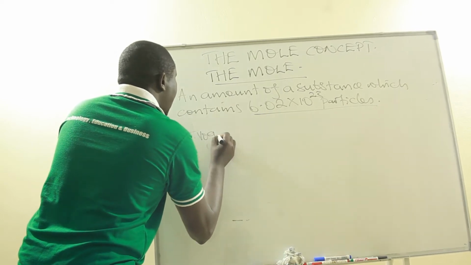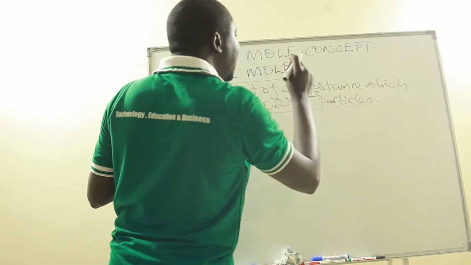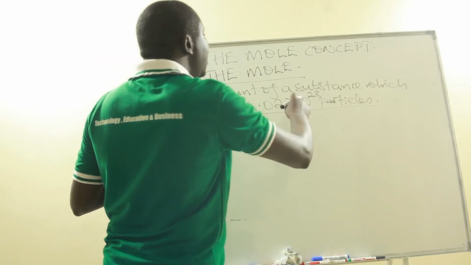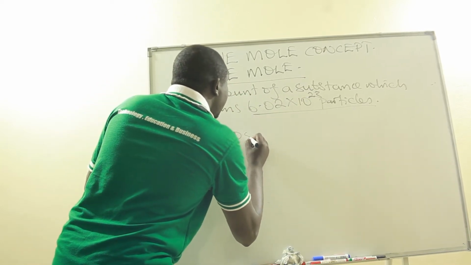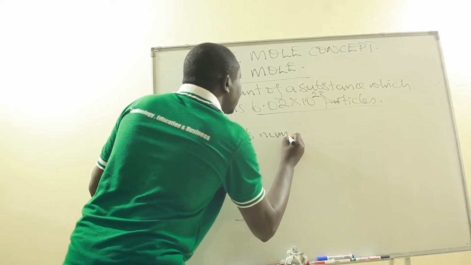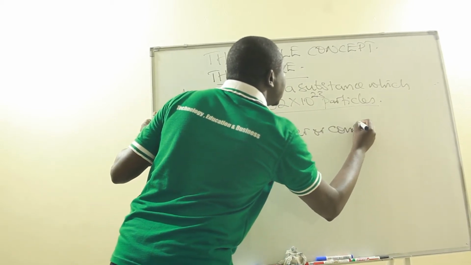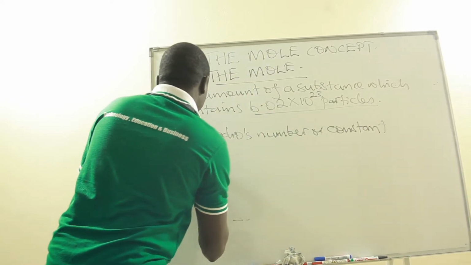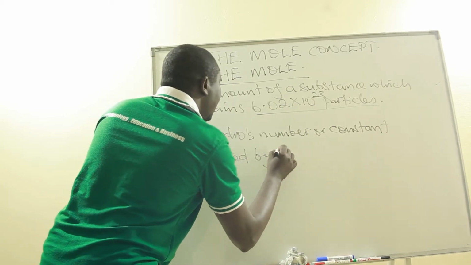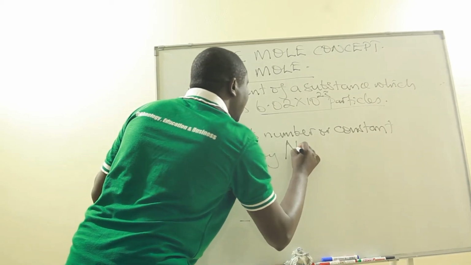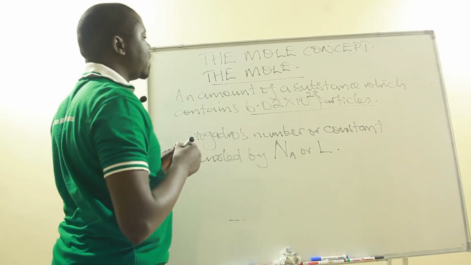Since it is a constant number of particles in 1 mole of a substance, this value is called Avogadro's number, or Avogadro's constant, and it is denoted by N, A, or capital L.